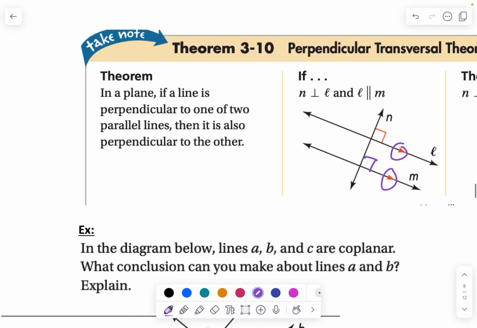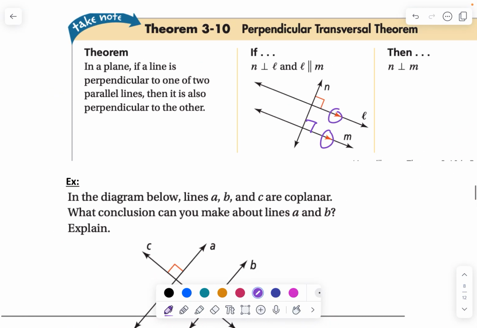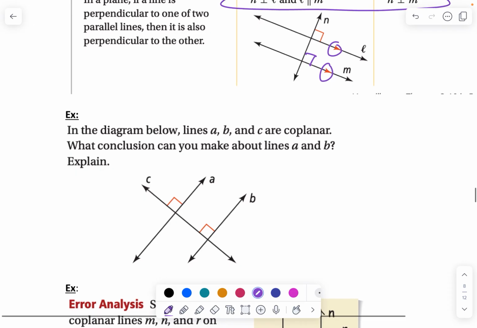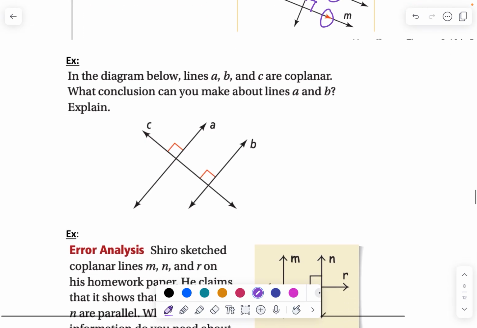And then this one here, we can be specific: if L is perpendicular to N and L is parallel to M, then N is perpendicular to M. Honestly, it doesn't really come up very often.